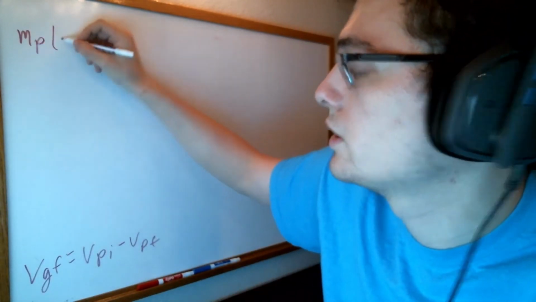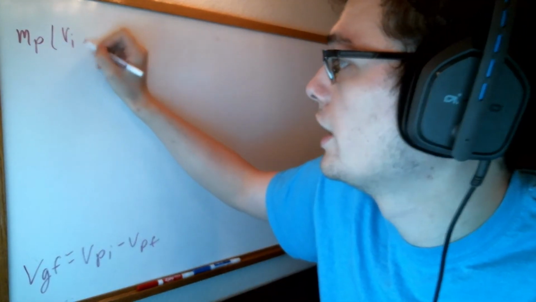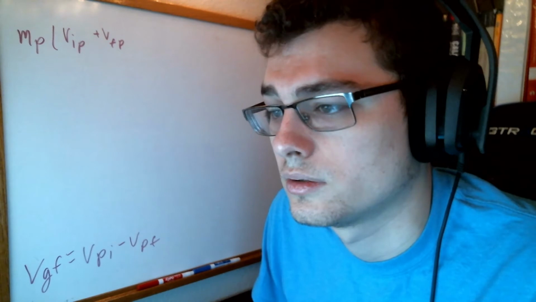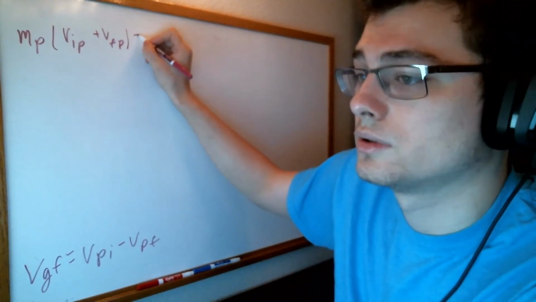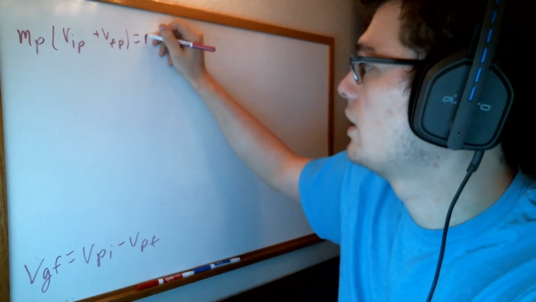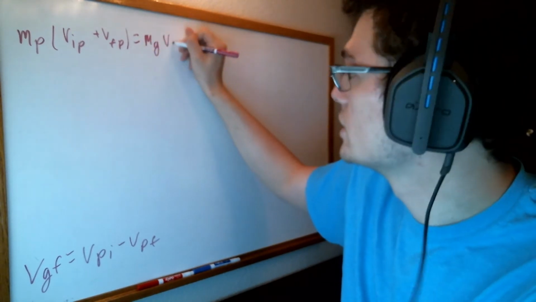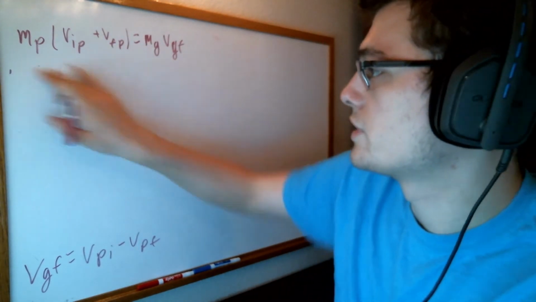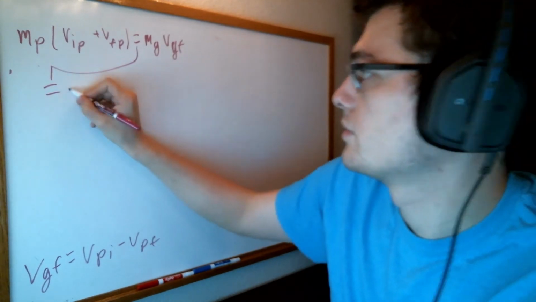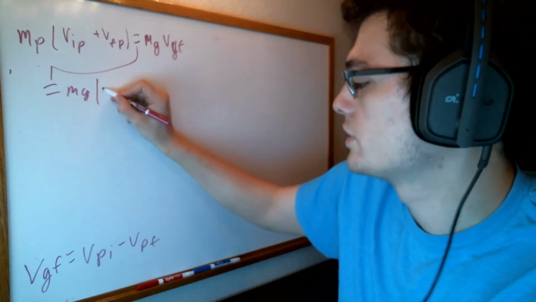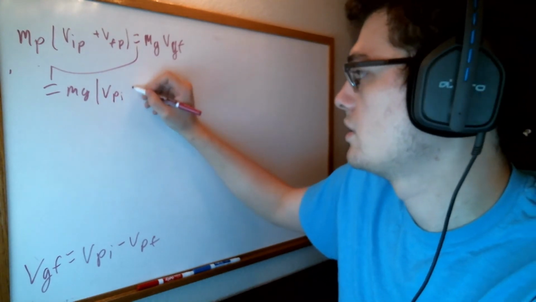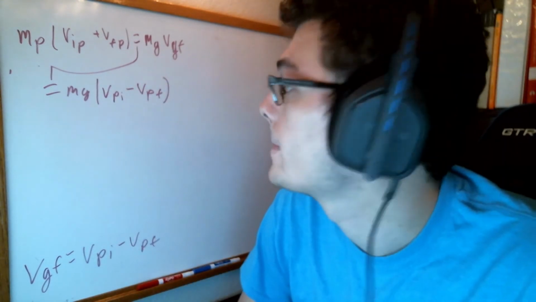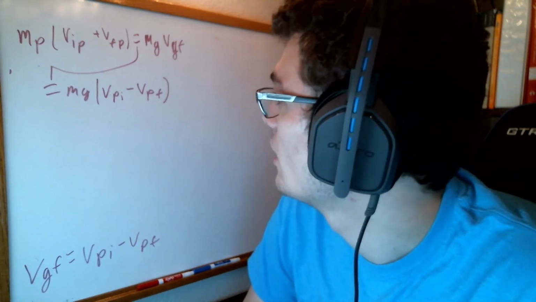So MP times (VI puck plus VF puck) is equal to MG VGF. So then this side over here is going to be MG, and then we'll plug our expression in, VPI minus VPF.